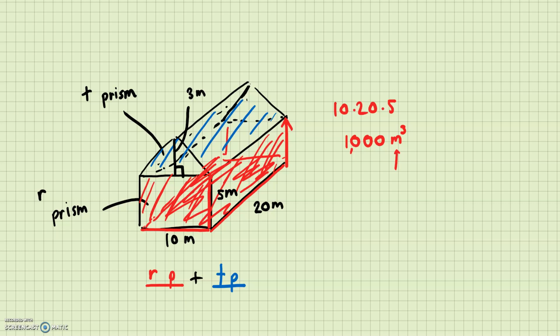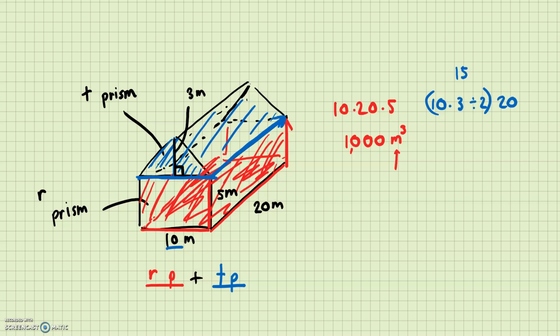For the triangular prism, let's find the base first. That's 10 times 3, and then divided by 2, because it's a triangle. So 10 times 3 divided by 2 is the base here, and then you multiply that times this much, which is 20.